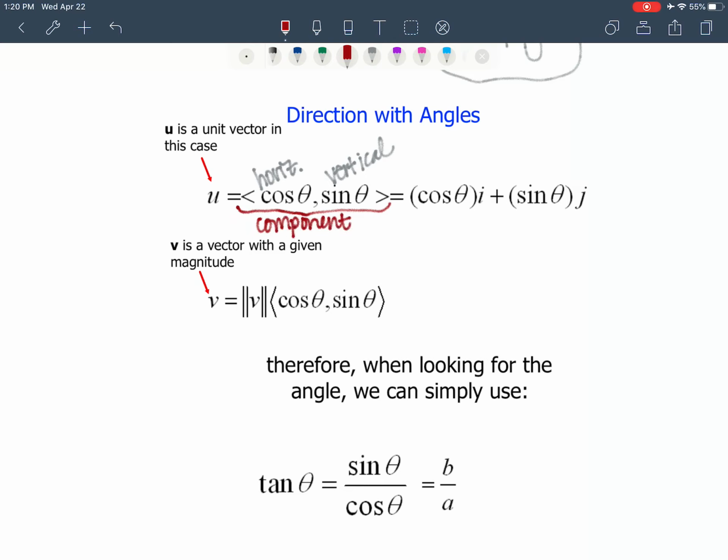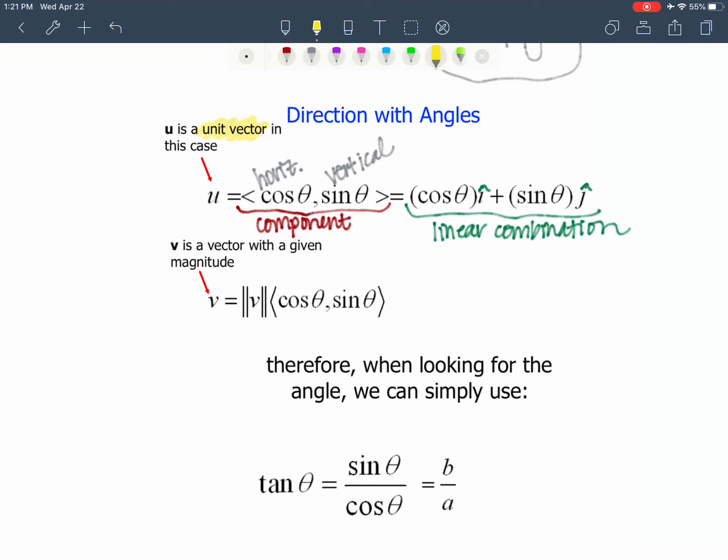So we've got component form, and then on the right, we can also write it as a linear combination. They mean the same thing, just two different ways to write the same exact thing. Now, when we're not dealing with the unit vector, we've got a magnitude.